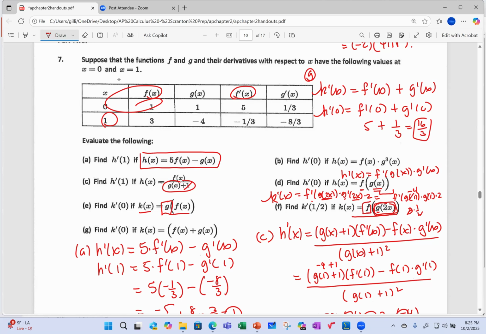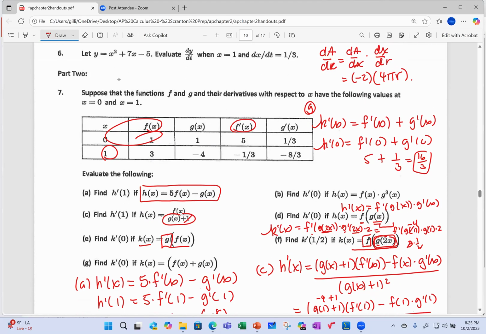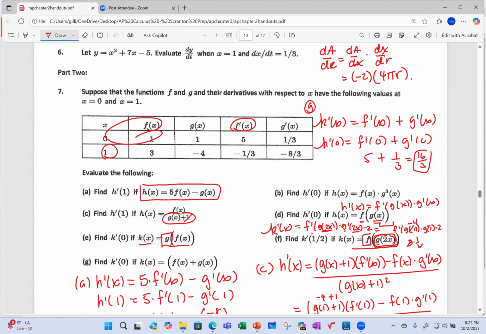Yeah, g at 1 is -4. So I guess I really can't finish that one because I need f prime at -4. I do have g prime at 1 here. That's not a problem. That's -8/3 times 2.